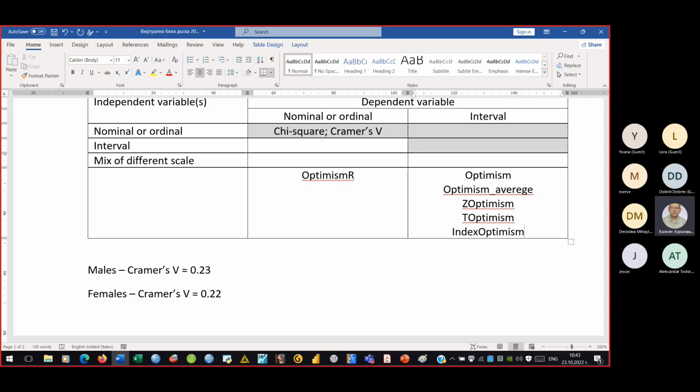All these variables are interval variables, and we could use them for the analysis of relation.